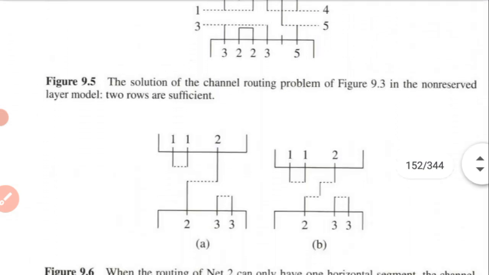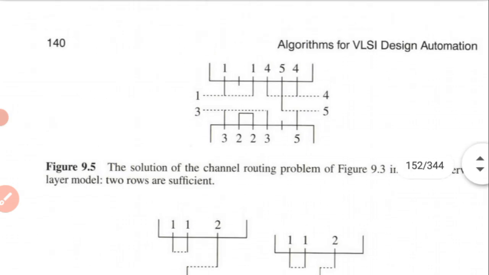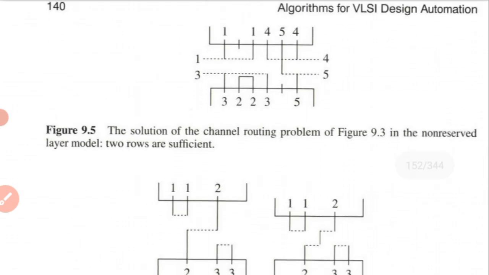This figure shows the channel routing problem in the non-reserved layer model. In the non-reserved layer model, two rows are sufficient in this case, so the length is reduced from 3 to 2.